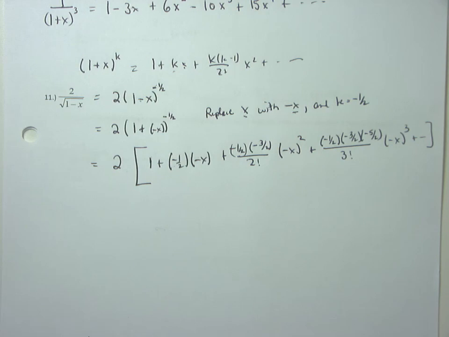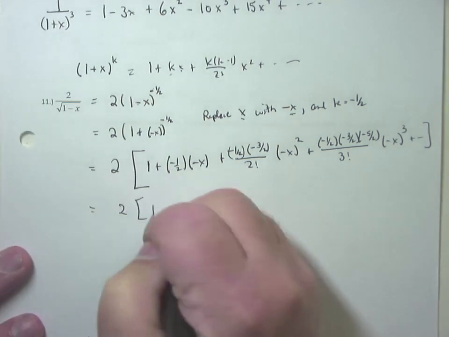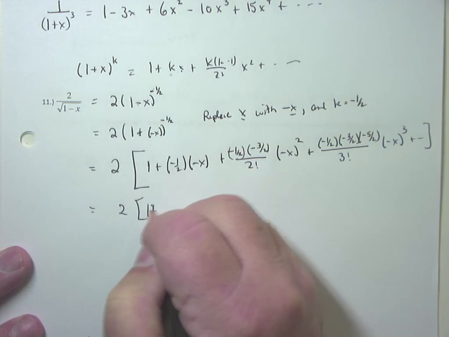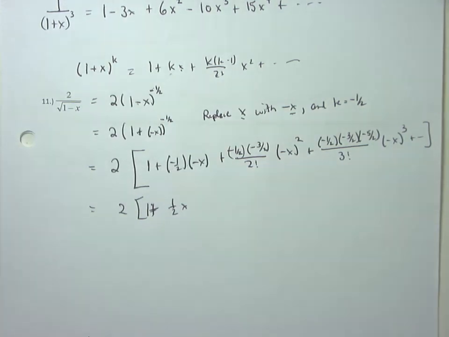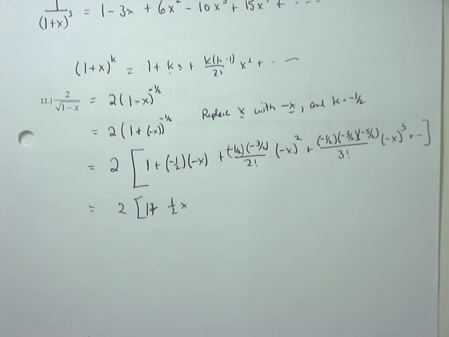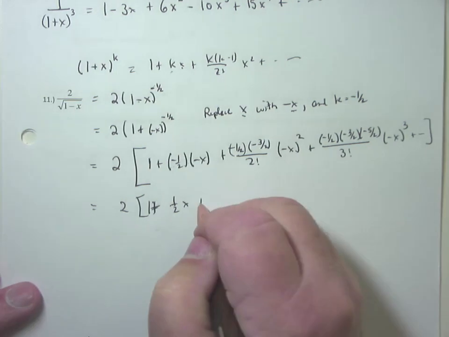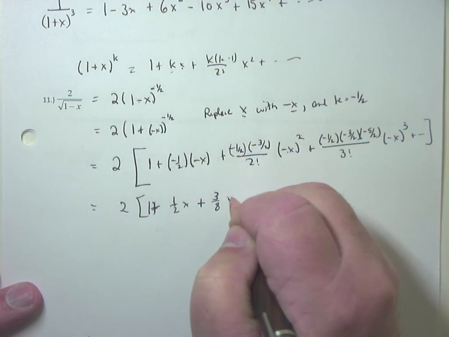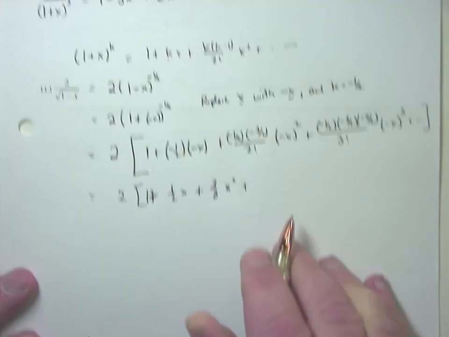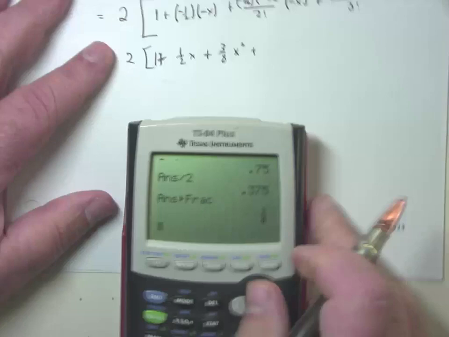Does that make sense? So this gives you 2 times 1 plus, this would be 1/2 x. A negative times a negative is a positive. This is going to be 3/4 divided by 2 factorial, which is 2, which makes it 3/8. That'll be plus 3/8. Negative squared is positive, x squared. The next one is going to be, yep, that's going to get kind of big on my fractions here.